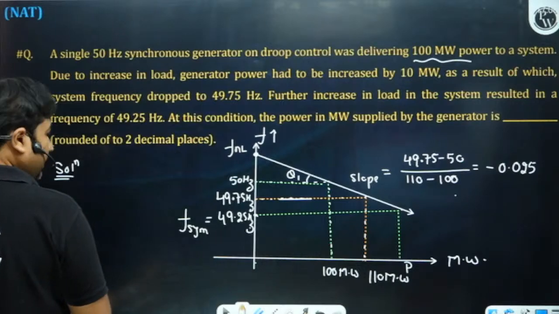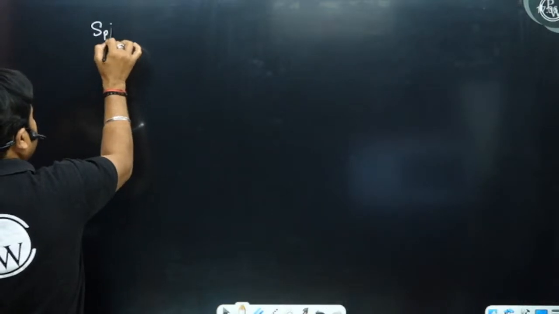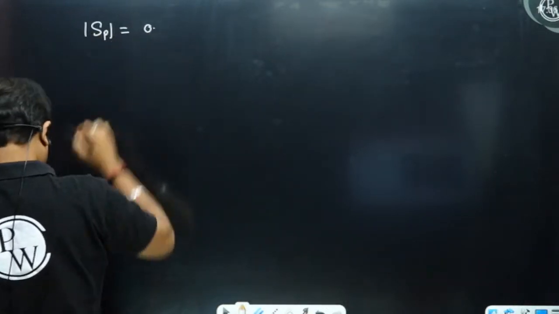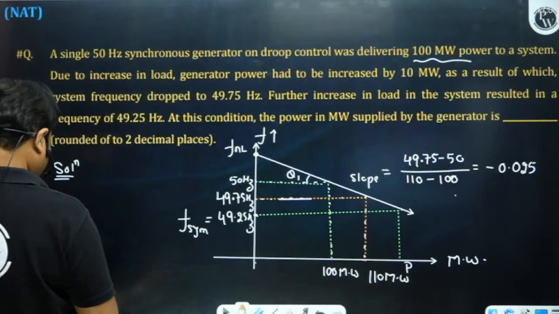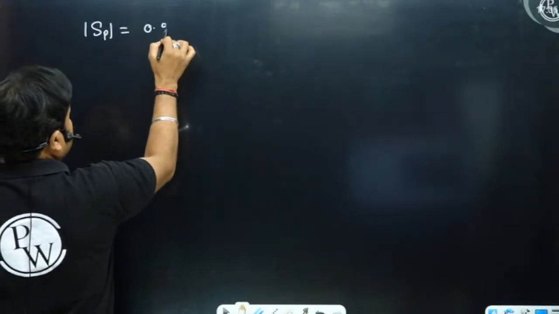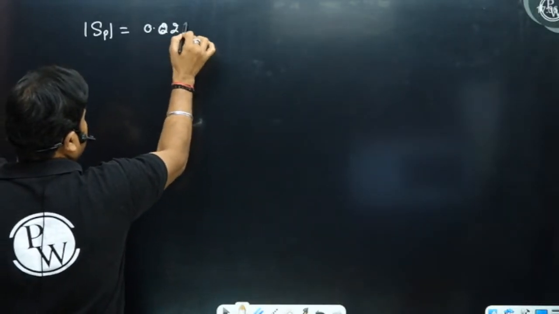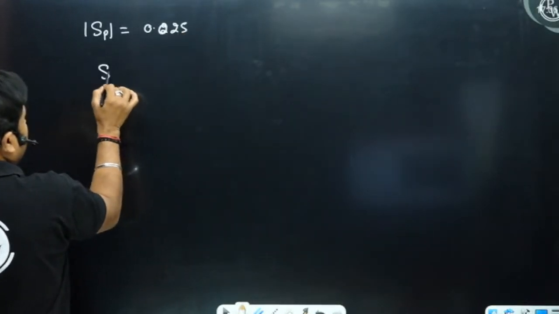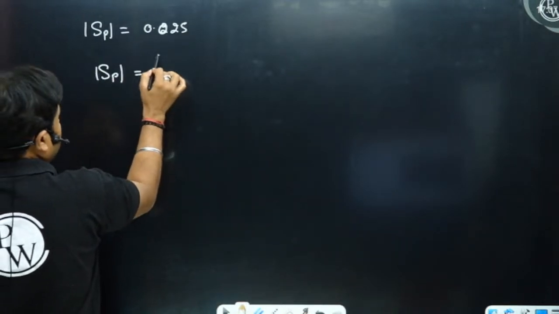We can compare the magnitude of the slope. What is the magnitude of the slope? The magnitude of the slope is 0.025.